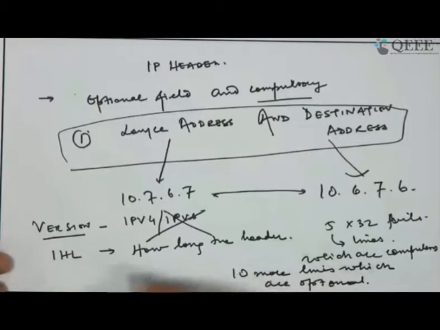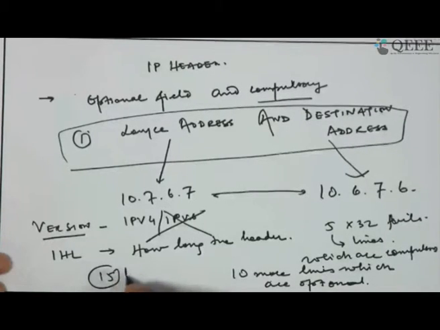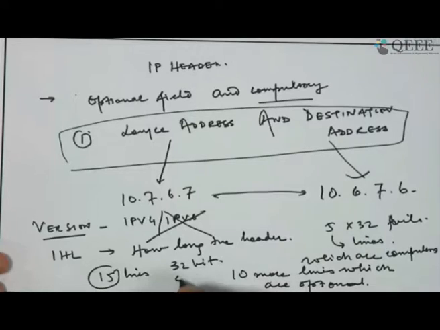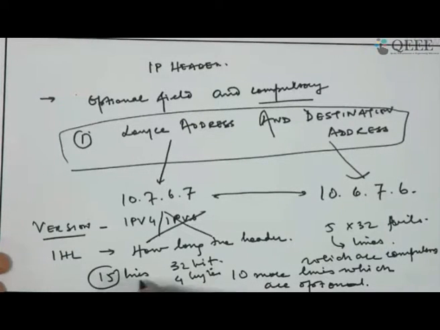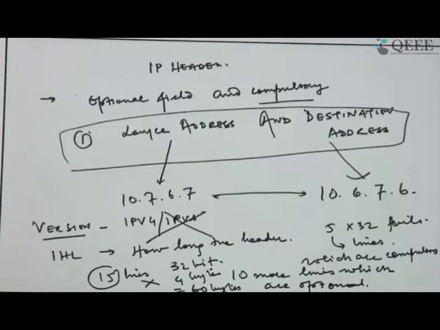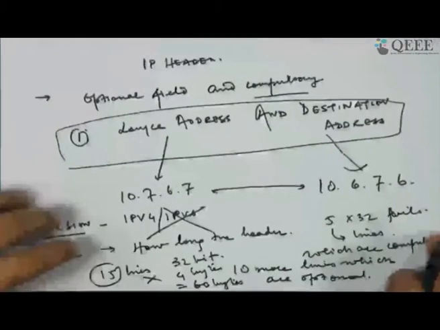That means the total is 15 lines, and 32 bits means 4 bytes. So 15 into 4 is 60 bytes.